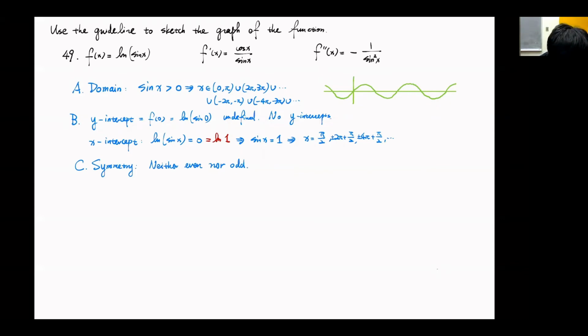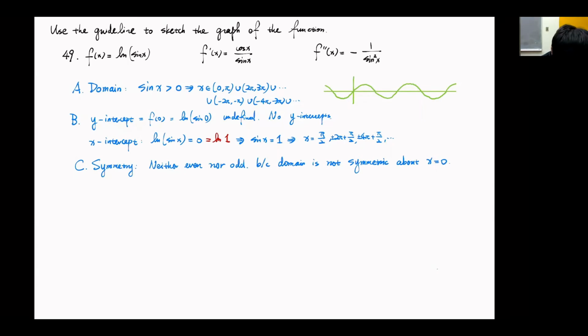But if you look at the domain here, 0 to pi, 2 pi to 3 pi, and minus 2 pi to minus pi, it is not symmetric about the point 0. Let me write the reason: the domain is not symmetric about x equals 0. So there's no need for me to consider what f of minus x is.